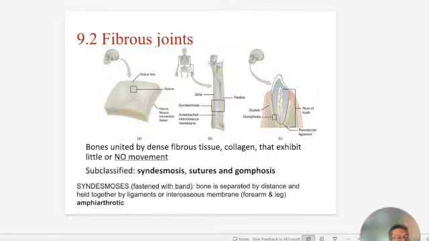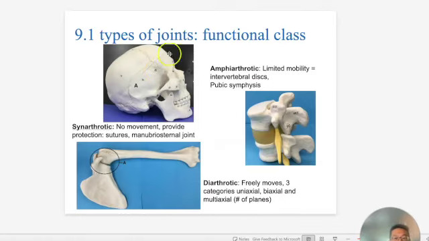And functionally, there are different types based on how they move. Synarthrosis has no movement. Amphiarthrotic has limited movement, and diarthrotic is freely movable. So this is how they are classified, whether they're movable or not.